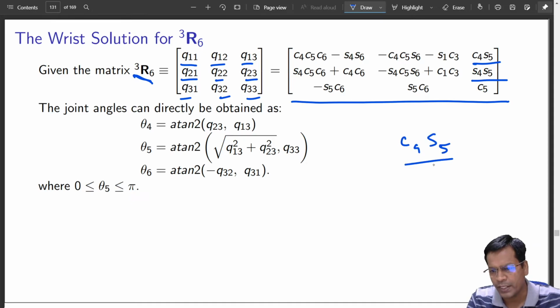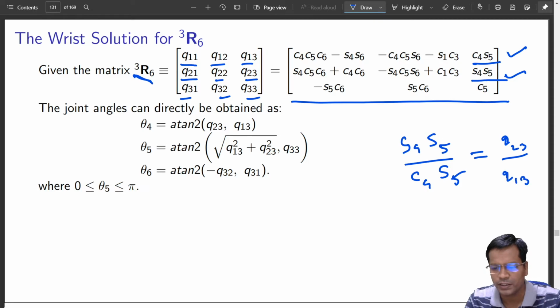C4S5 by S4S5. So I am dividing this by this. What effectively is it now? It is S4 by C4, that is Q23 by Q13, is it not?